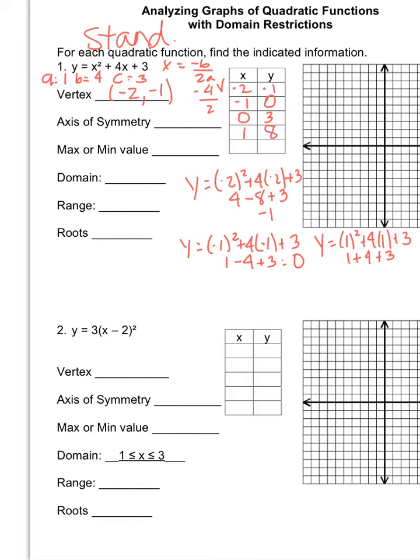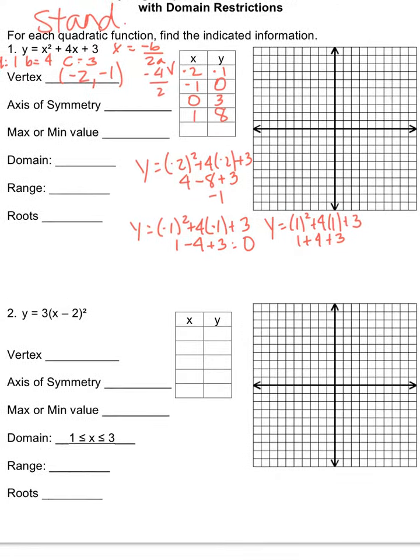Okay, so from here, I'm going to go ahead and plot it. So this is the same thing as what we've been doing. So negative 2, negative 1 is the vertex. Negative 1, 0. 0, 3, which is our y-intercept and our c. And then 1, 8.